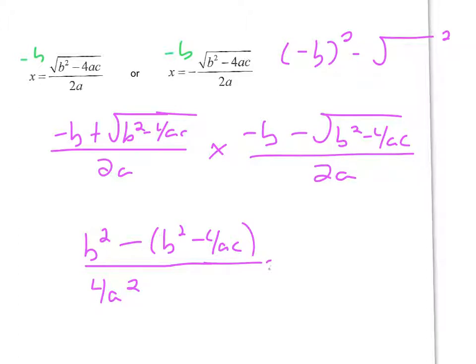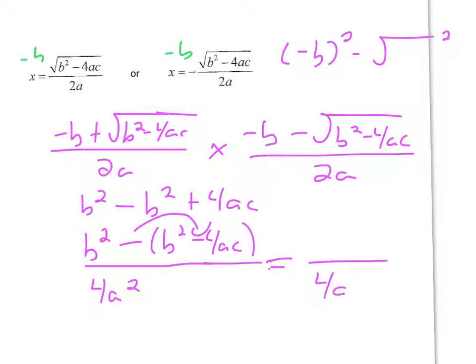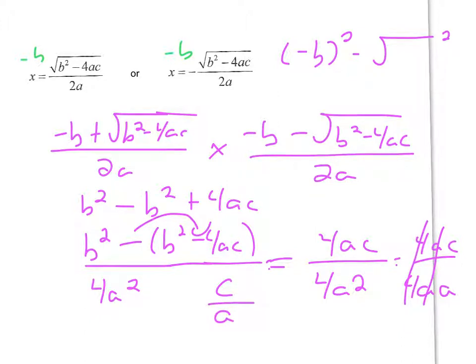So when I distribute my negative, I get b squared minus b squared, plus 4ac. So I get on the bottom 4a squared, and up top I get b squared minus b squared, which is 0, plus 4ac. Well, 4a squared is 4a squared, and 4ac is 4ac. I can cancel my 4's, cancel my a's. And so when I multiply the roots of a quadratic equation, I get c over a.